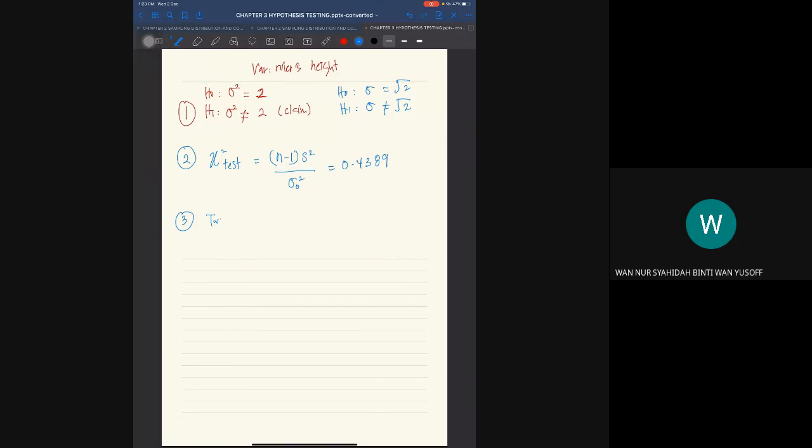And then step 3, critical value. So we have two tails, so alpha divided by 2.